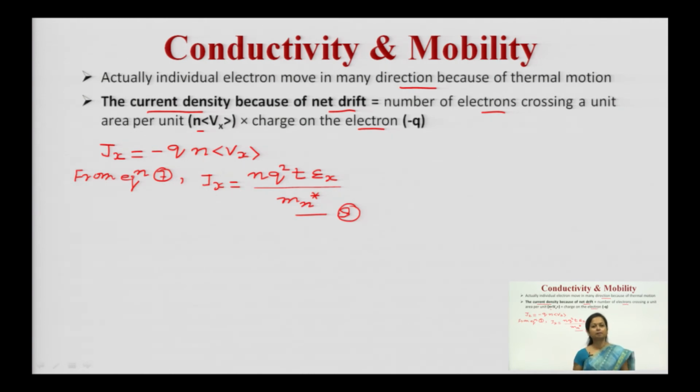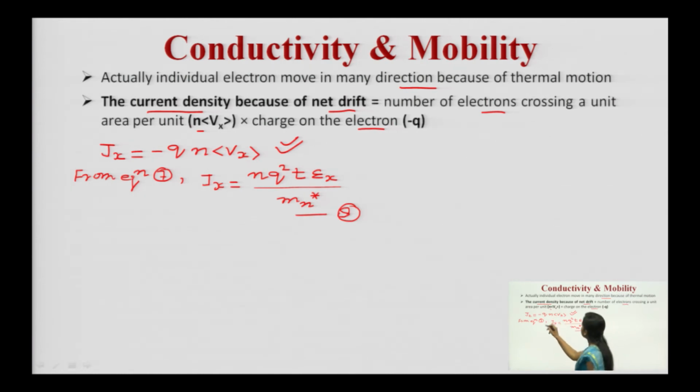You must remember it. Though this is a very basic thing, sometimes you may wonder why to write the sign over here. In case you miss the sign, there will be a mistake in deriving the whole equation. So, Jx is n Vx into q along with the minus sign. So, you have written Jx is minus q n into average Vx.